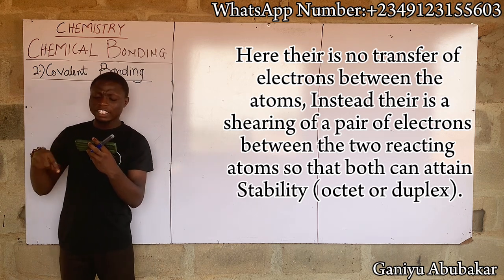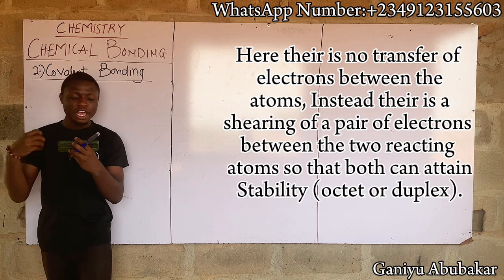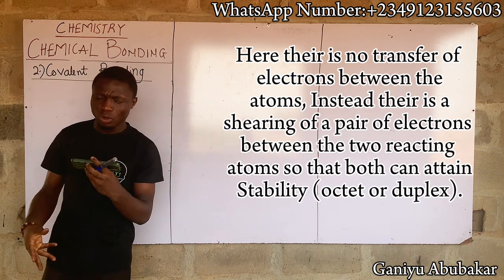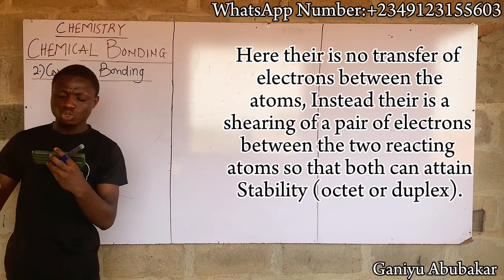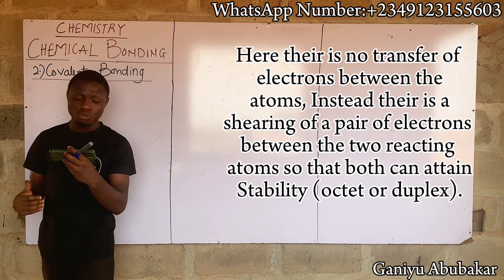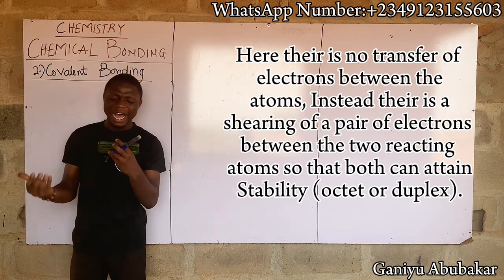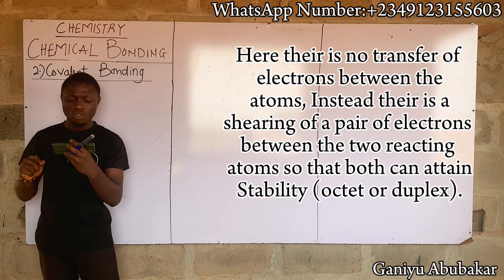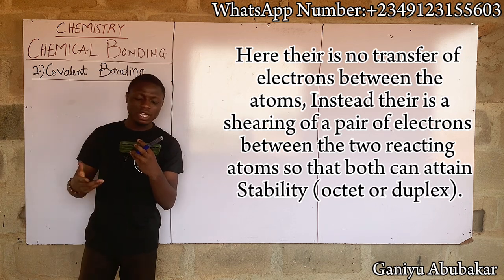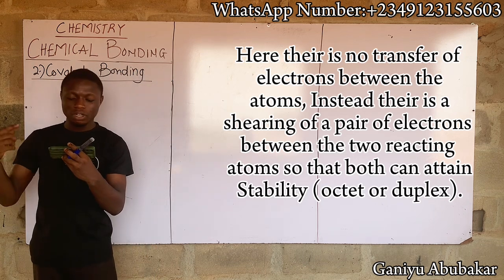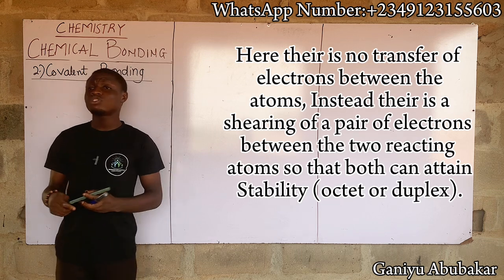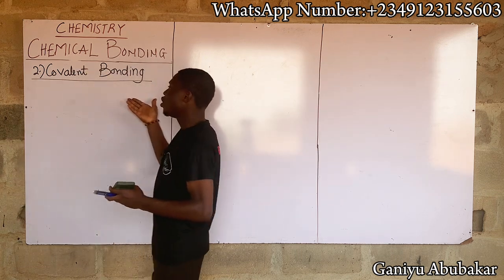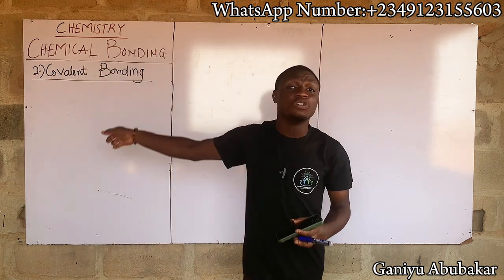Instead, there is a sharing of a pair of electrons between the two reacting atoms so that both can attain stability (octet/duplet). So when it comes to covalent bonding, we don't transfer electrons here.